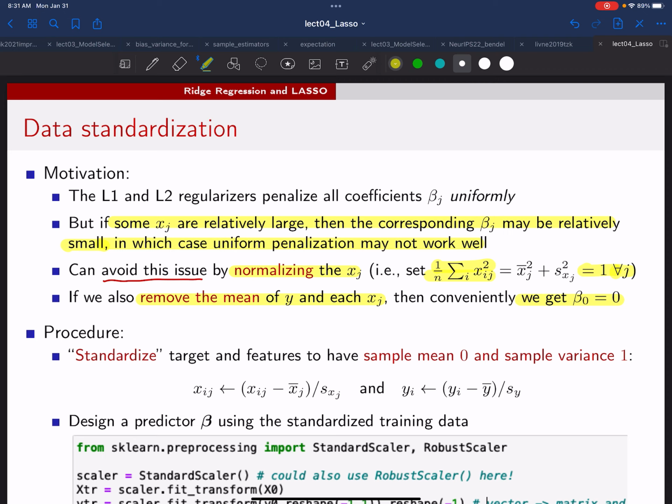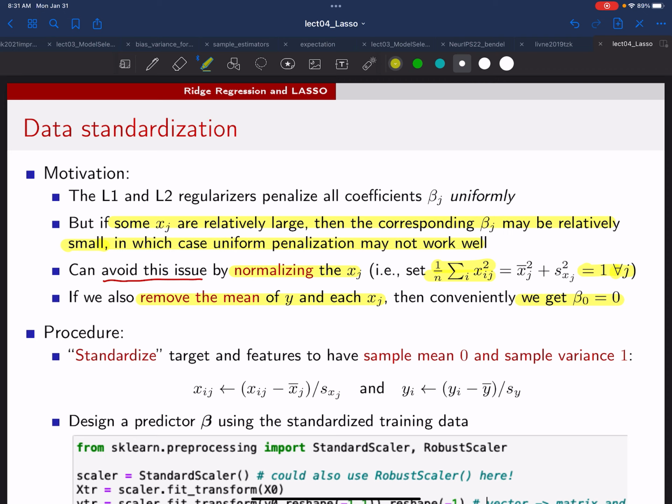You want to do this to both the target and the features. Mathematically, you take your old features, and from each one you subtract the sample mean of j, then divide what remains by the sample standard deviation, and relabel that as xj again.